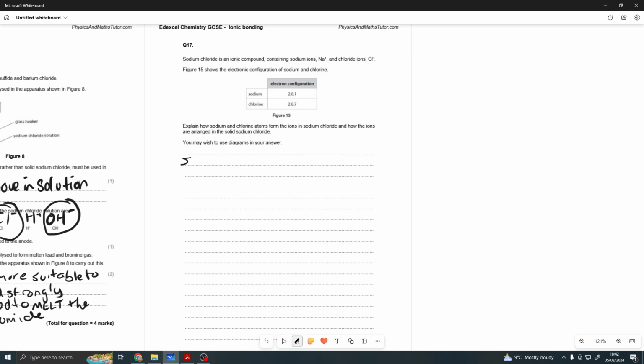So sodium, 2.8.1, it will lose 1, write the word, 1 electron. You have to write the word. I know an electron, 1 electron, kind of the same, write 1. So it'll lose 1 electron to form Na plus ion.